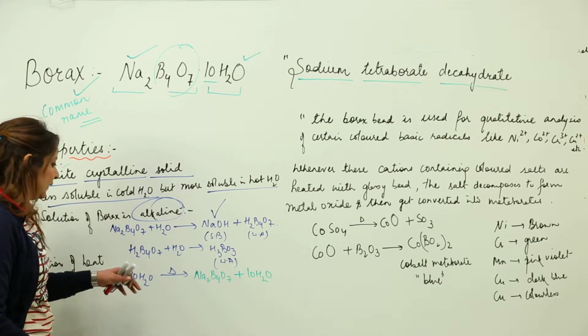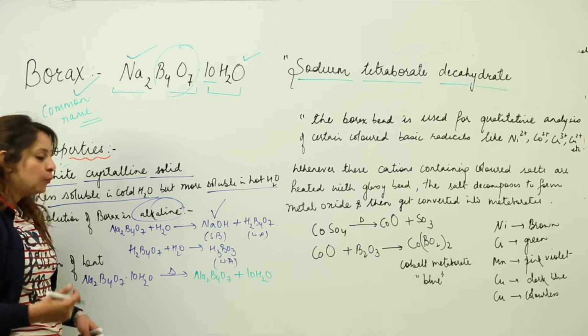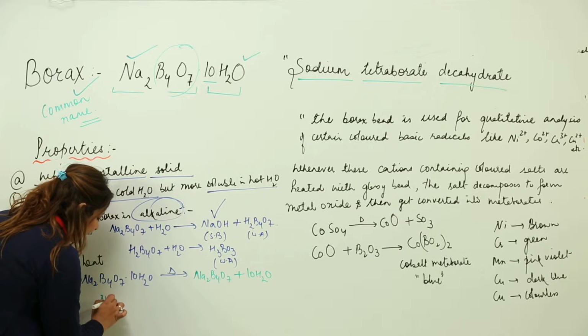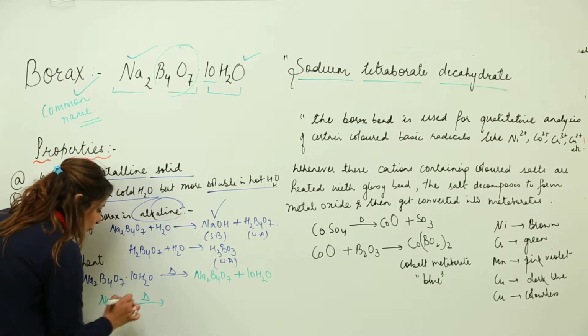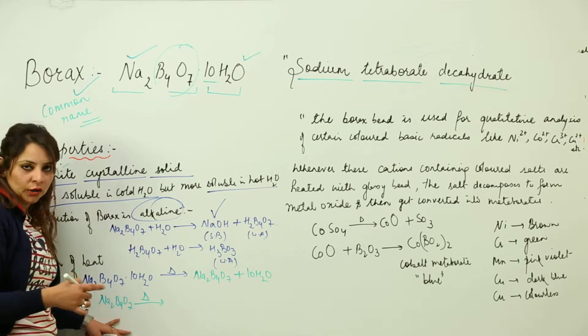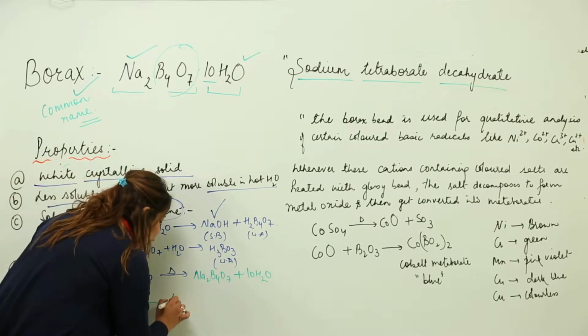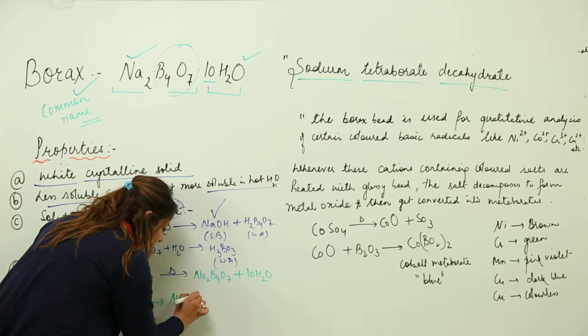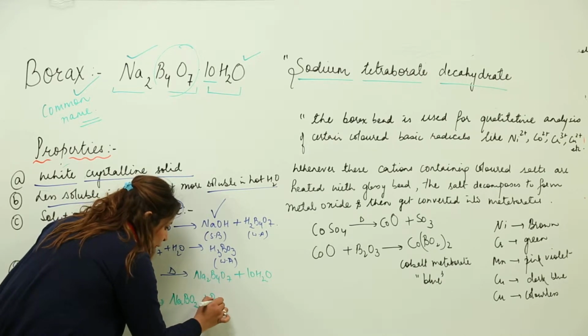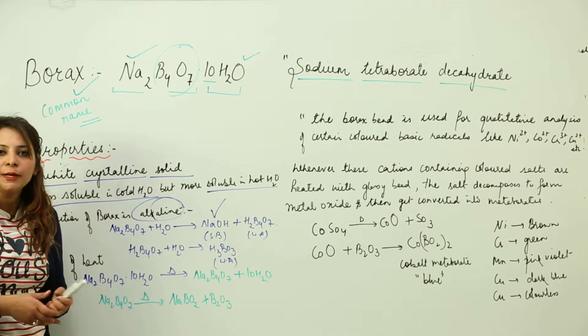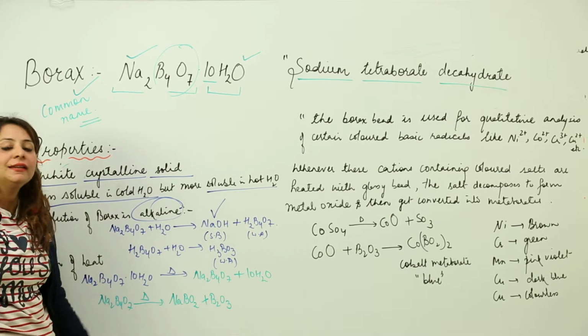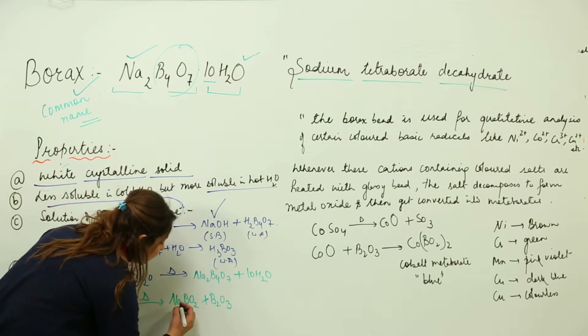Then we can heat it more. We have this Na2B4O7, anhydrous borax, and when we heat it more, we get sodium metaborate and along with that boric anhydride. I am just going to write the names because these names are very important.